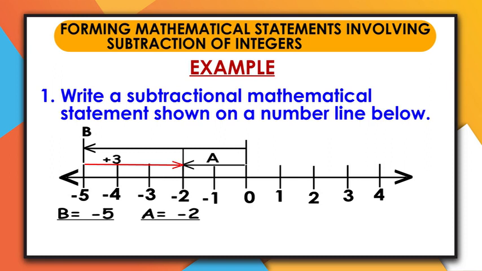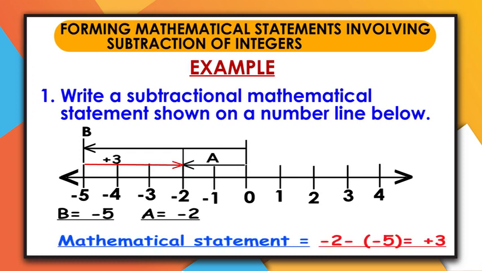That's why we say -2 minus, because the second arrow is started from 0. Then we subtract -5. It will be -2 minus -5, which equals our last arrow, let's say represented by C, which will equal +3.